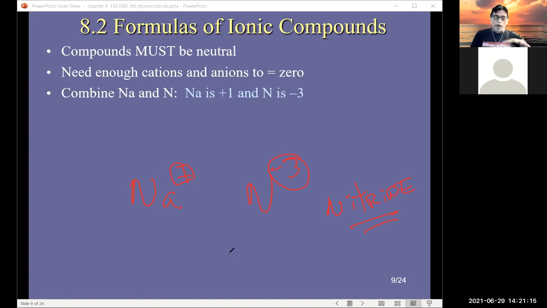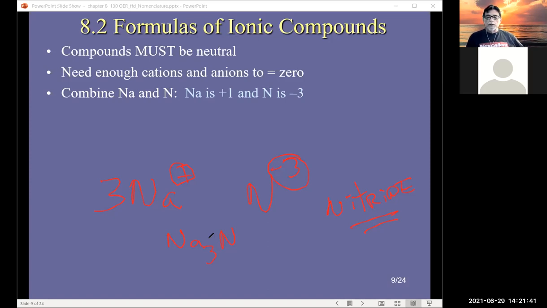Okay. And so we write them in formulas first, then we have to have enough of each so the charges cancel each other out. So I need 3 sodiums to cancel out the -3 of the nitride. So that 3 in front of sodium becomes the subscript for the sodium.